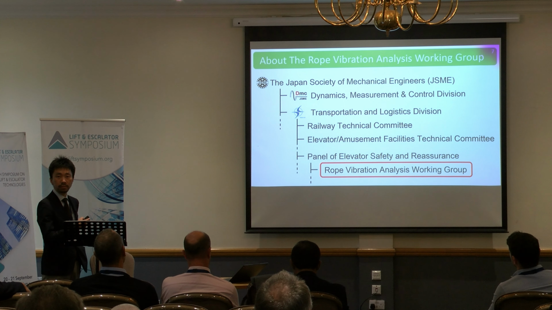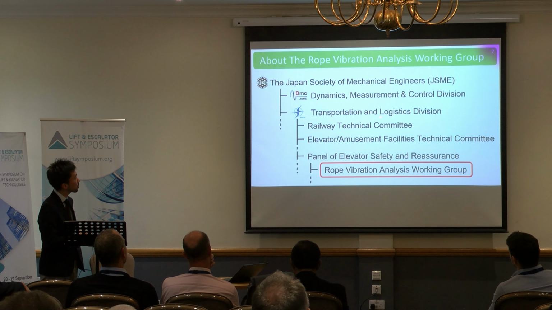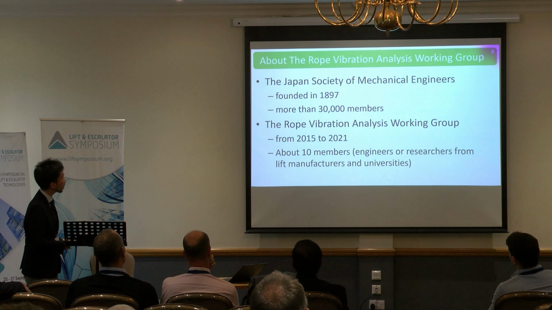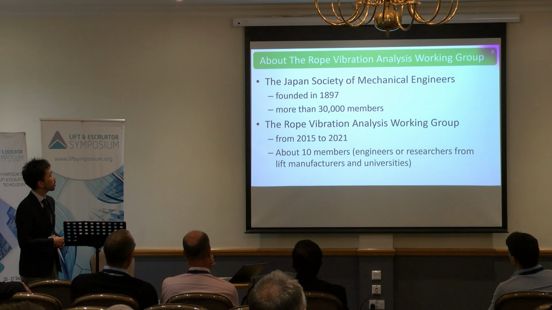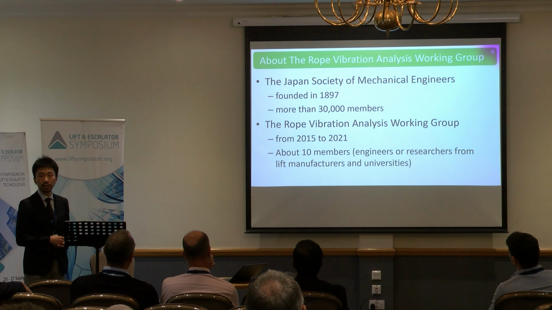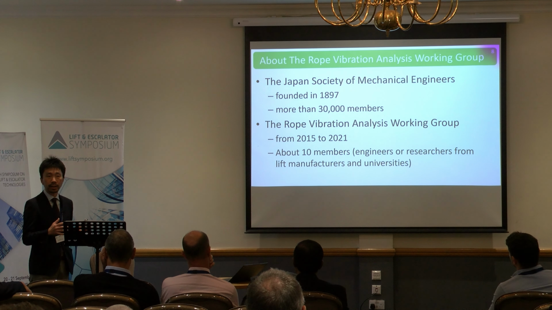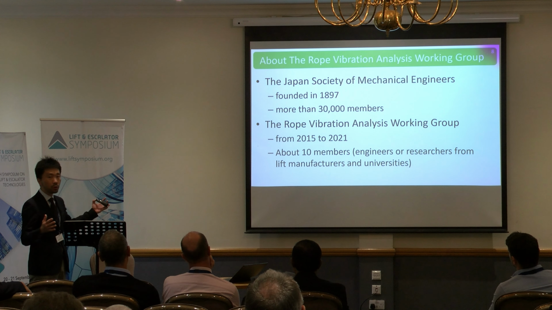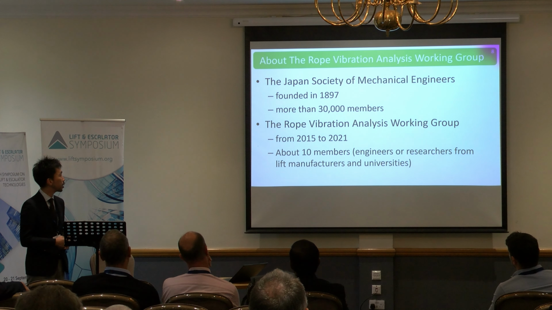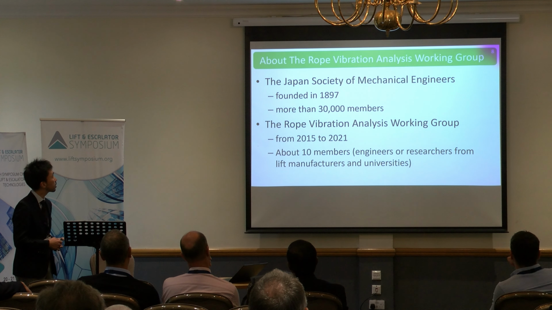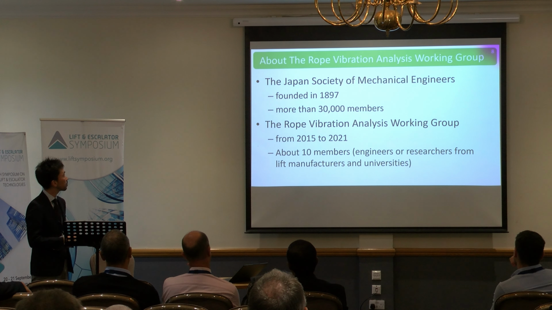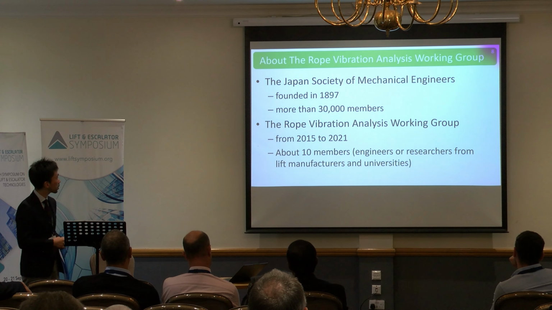I am the chair of this panel in the transportation and logistics division of the Japan Society of Mechanical Engineers, the largest society regarding mechanical engineering in Japan. We have a very long history from 1897, and more than 30,000 members.